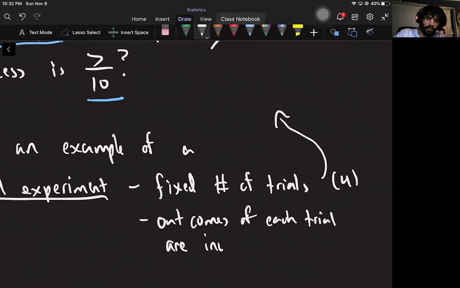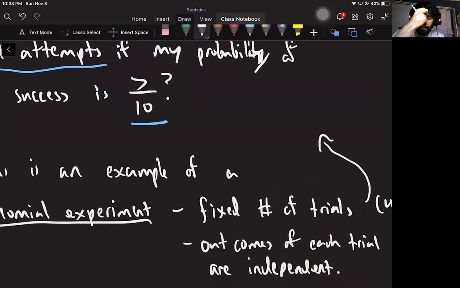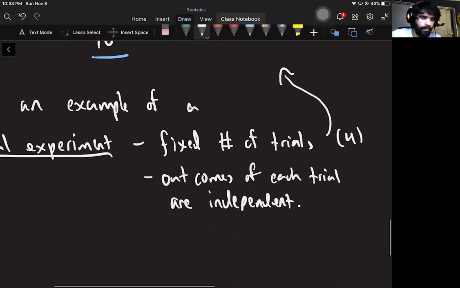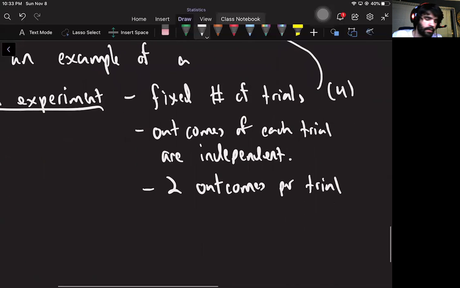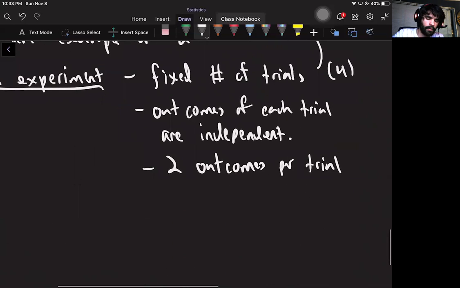So what does that mean? Well, remember that independent actually means something important. That means that they don't affect each other. So what this is saying is I have to assume that making 1 free throw or missing 1 free throw doesn't affect my chances of missing or making the next one. They're independent of each other. Any one throw does not affect a different throw. And then there's got to be the 2 outcomes per trial. That's the success or fail. In this case, it's making it or missing it. And the probability of success has to just stay the same per trial.